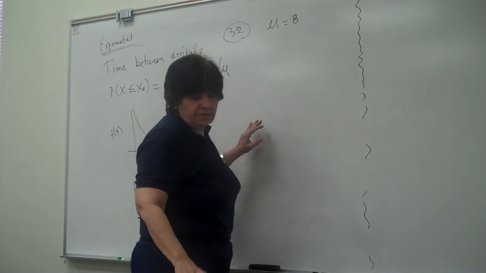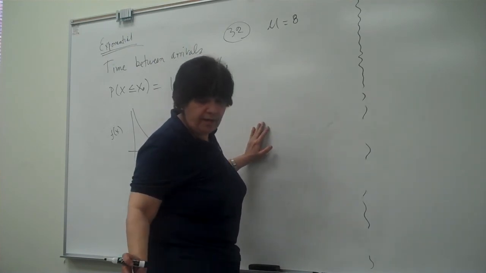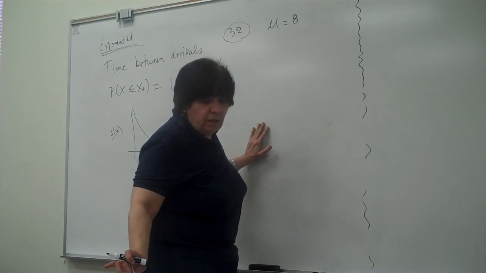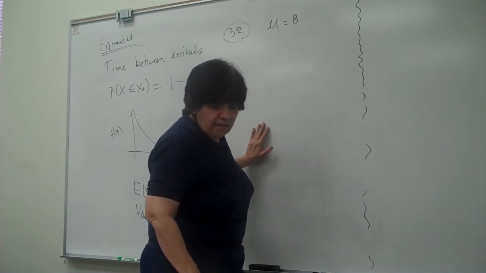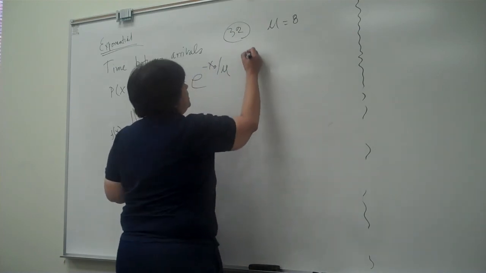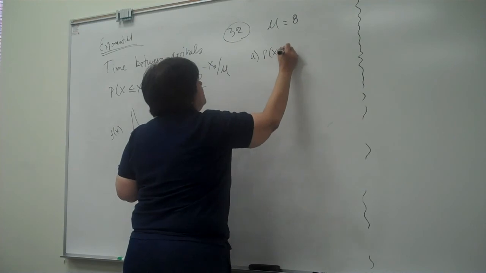That's why they give us the probability distribution that you compare to formula 6.4, and then you see that the mu is equal to 8. Now, find the probability that x is less or equal than 6.